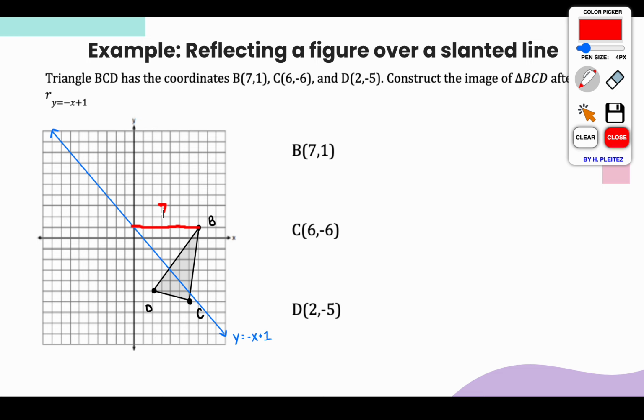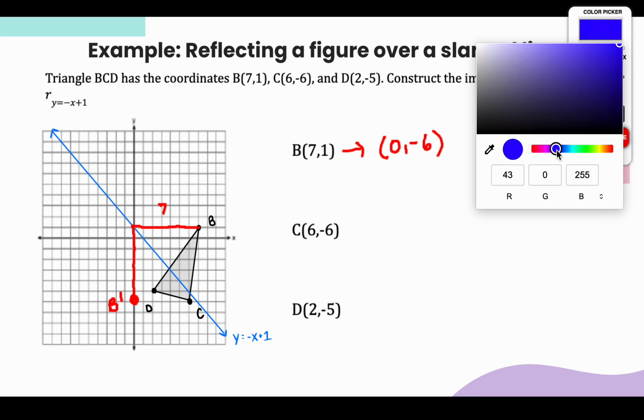And then we're going to count down 7 units in this case. So B prime is going to end up over here. And the coordinates of that point are (0, -6).